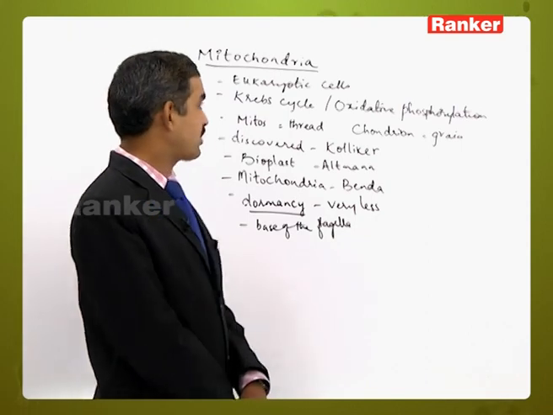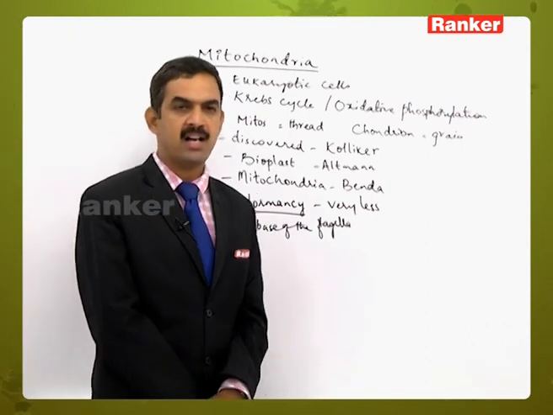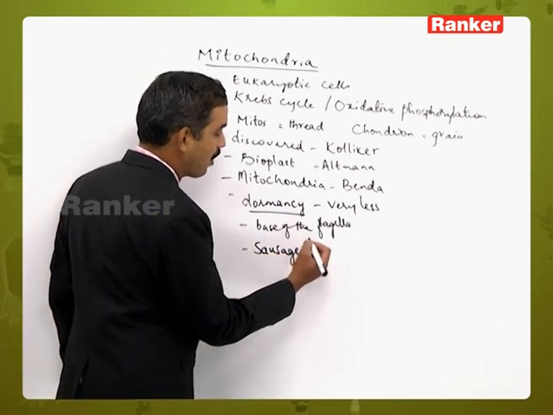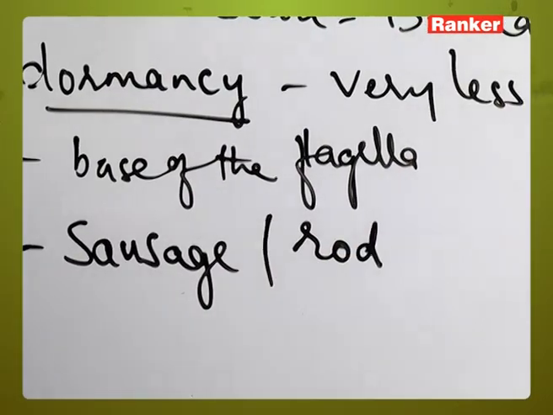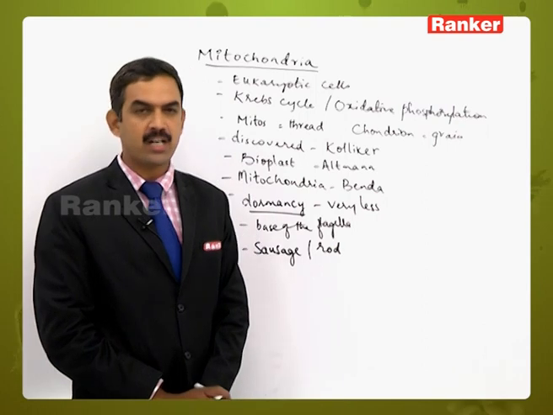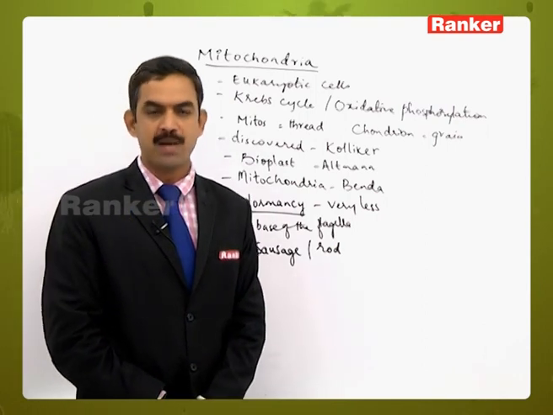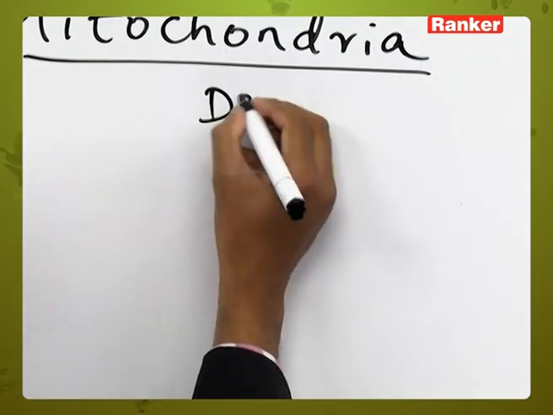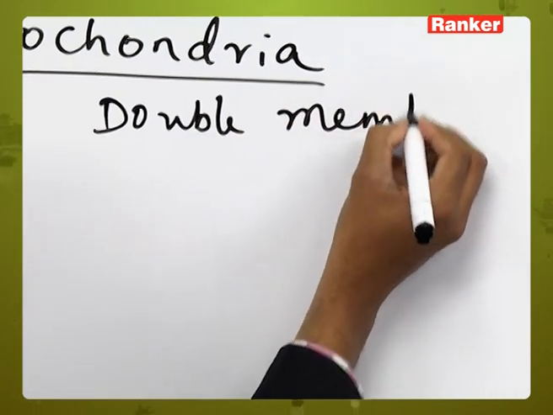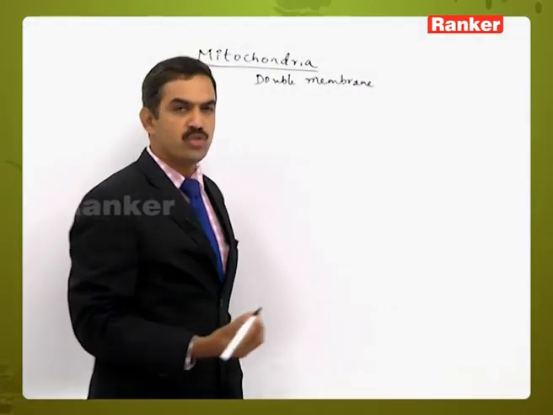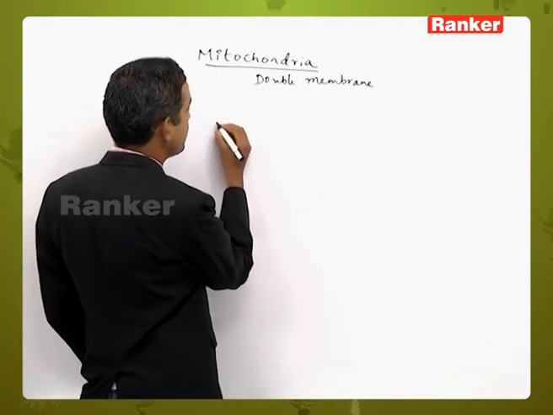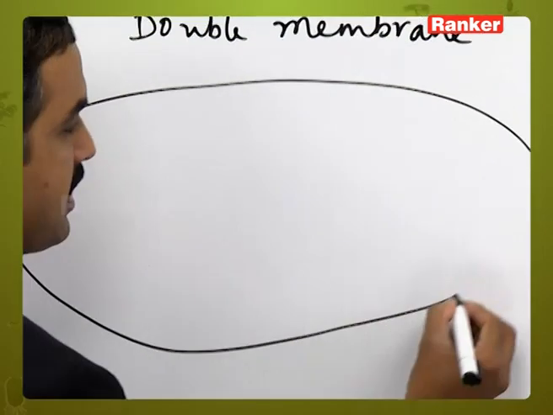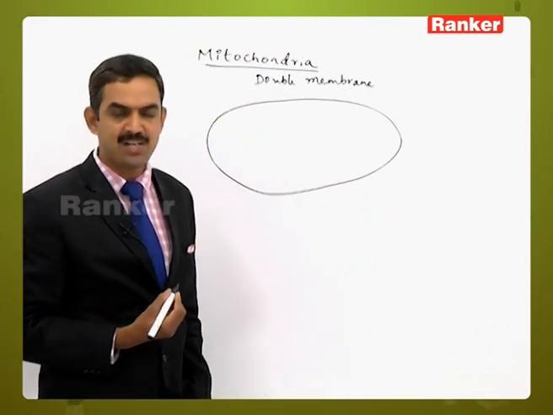Then what is the structure of the mitochondria? Mitochondria are generally considered sausage-shaped or rod-shaped, nearly cylindrical, or thread-like structures present in the cytoplasm. Mitochondria have a double membrane nature, containing two unit membranes, which show some variation in their nature. The outer membrane is smooth and without any invaginations anywhere.